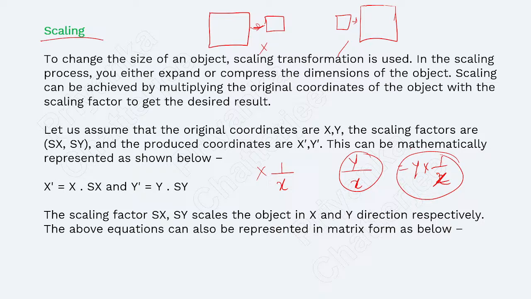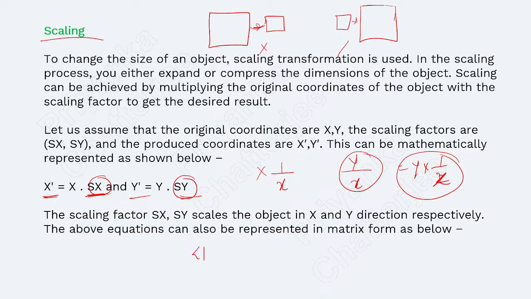So that's why here the scaling factor will be multiplied. x will be multiplied with sx and y will be multiplied with sy. In that way we will do the scaling. Now remember one thing. If it is a decrease, then these values sx, sy will be less than 1, because then it will be 1 by 2, 1 by 3, 1 by 4, like that.